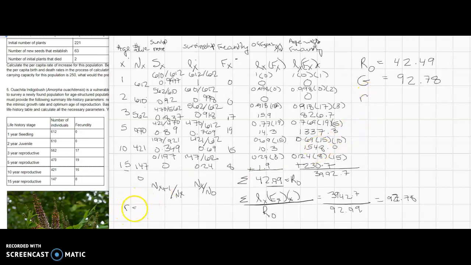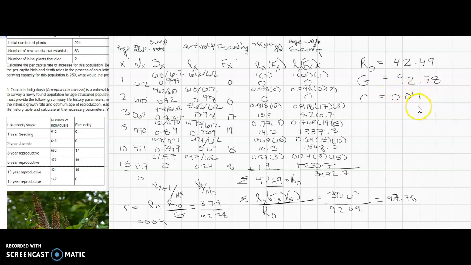Little r is equal to the natural log of R naught divided by G. Okay, so remember that the natural log is not the same as log, so the natural log of R naught is 3.74 divided by G, which we just solved for, is 92.78, and that is equal to 0.04.